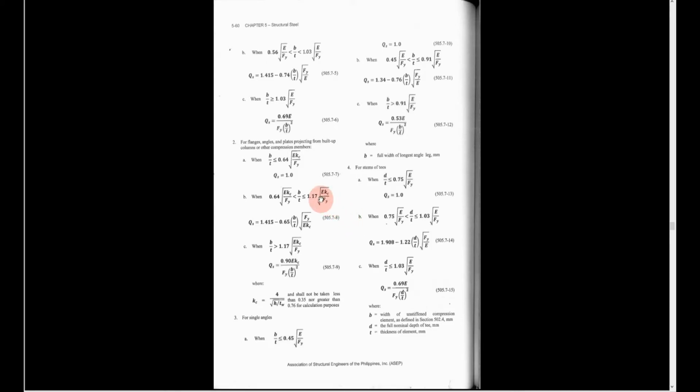So to proceed, let's start to solve for the width thickness ratio, and then let us solve the KC. And here the coefficient for slender and stiffened elements can be determined using this formula and shall not be taken less than 0.35 nor greater than 0.76 for calculation purposes.